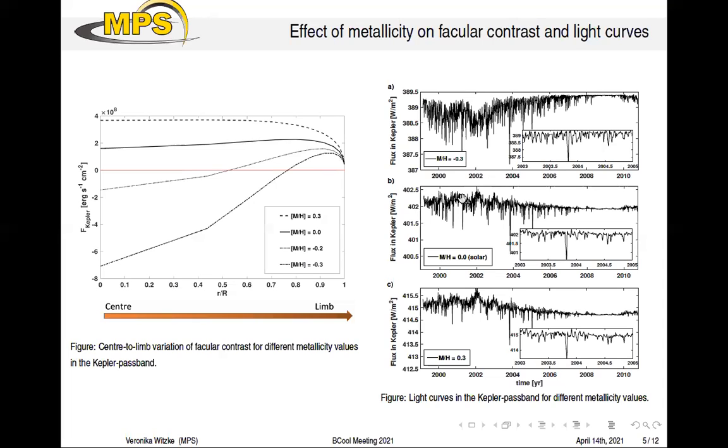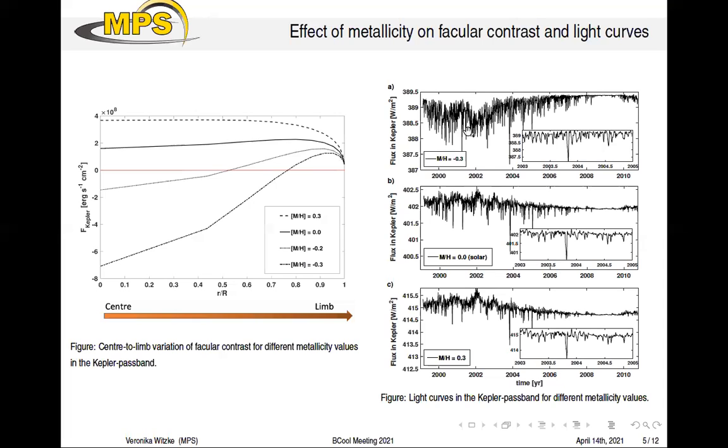On the activity time scale, for the solar case, if we go towards larger metallicities, we get a higher brightness change from the activity maximum to the activity minimum, because our faculae become much brighter.